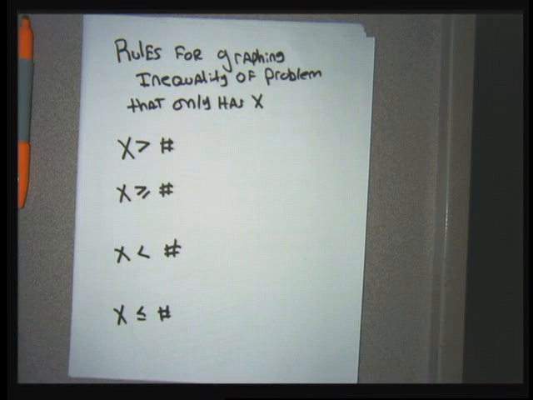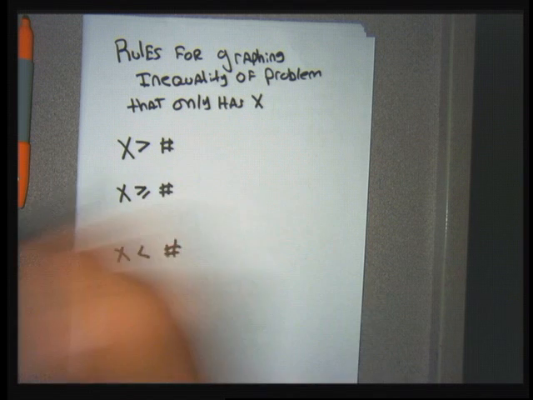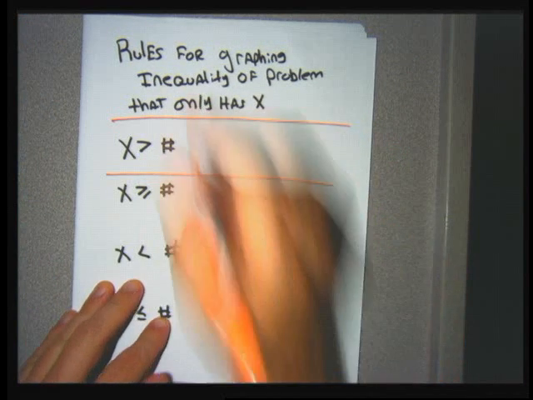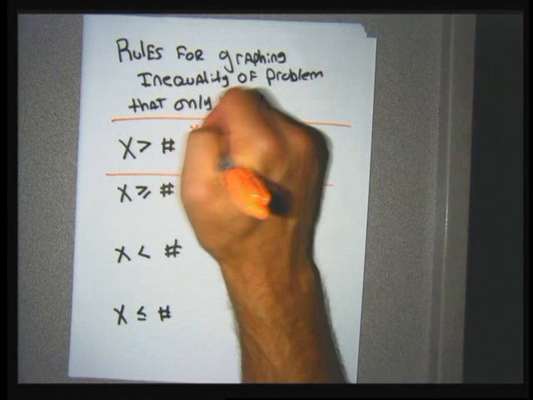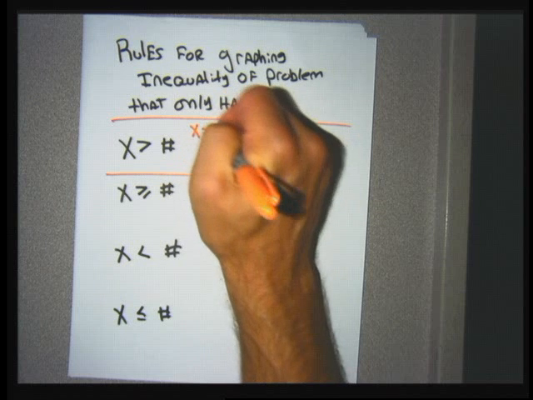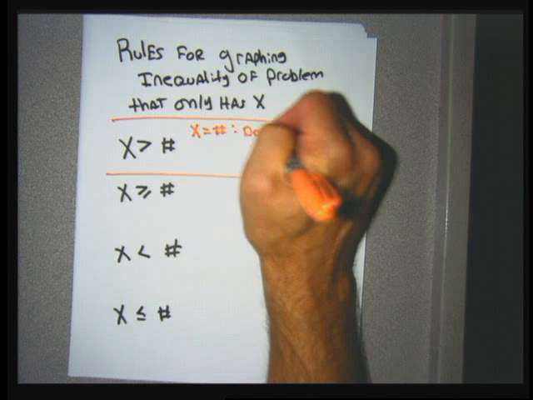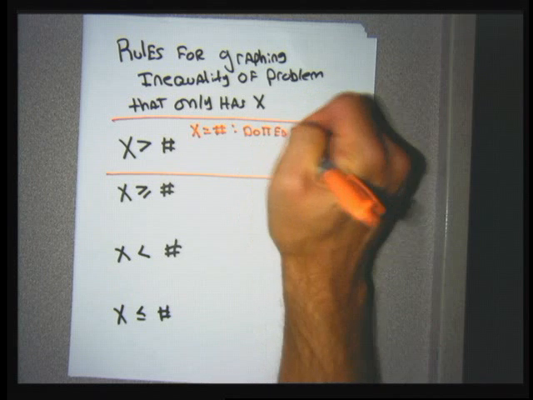For each one of these, I'm going to start off by drawing the line x equal to that number. For this scenario right here, the first thing I'm going to do is draw x equal to that number, but I'm going to make it a dotted line because my inequality doesn't have the "or equal to."